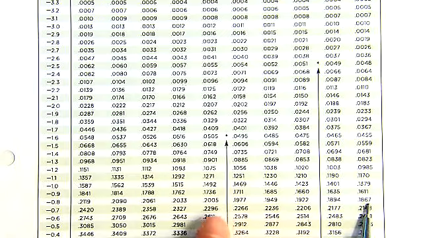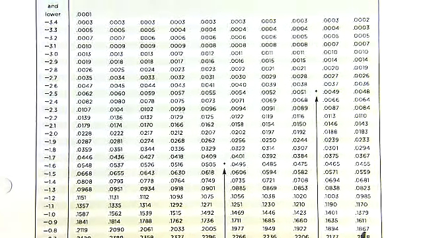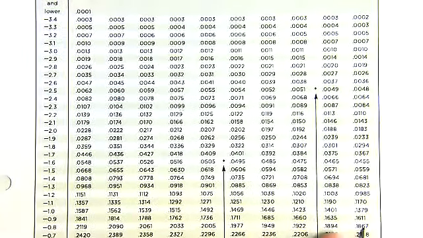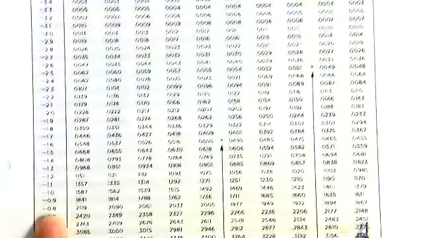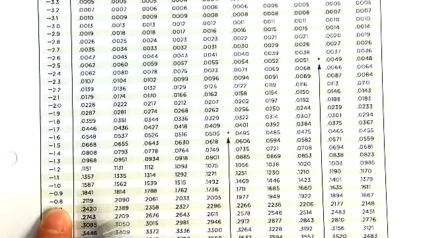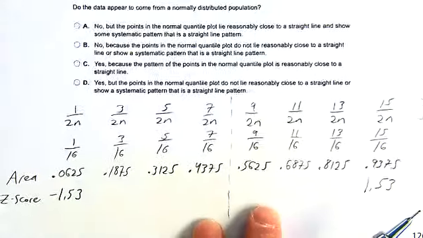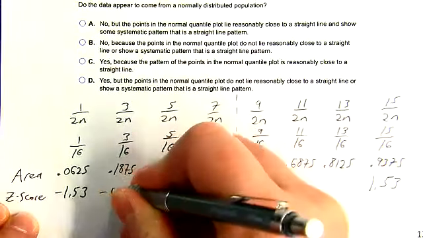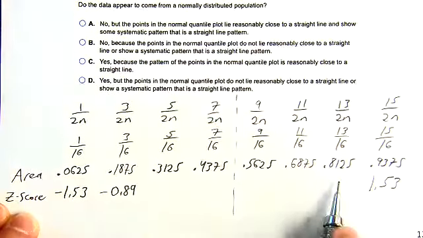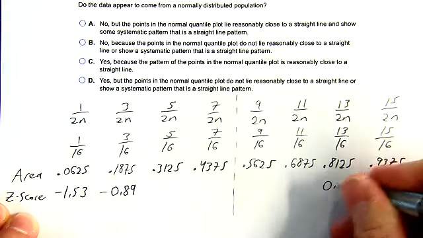And that's a z-score of, let's see if I can show it. I can't. It's negative 0.89. So negative 0.89, which means this one, second to last, is positive 0.89.